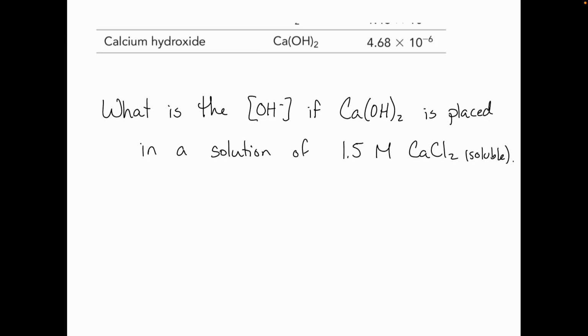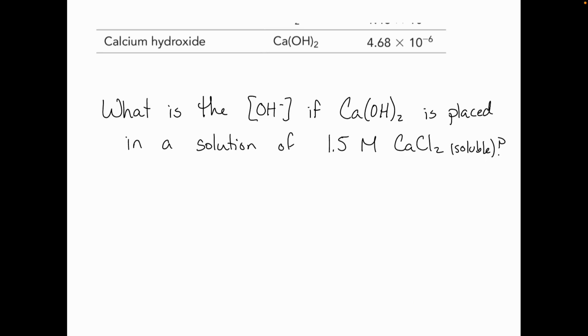Okay, so now I'm not asking for the molar solubility, but the actual concentration of hydroxide ions when calcium hydroxide is placed in a solution of 1.5 molar calcium chloride, which is considered a soluble compound.